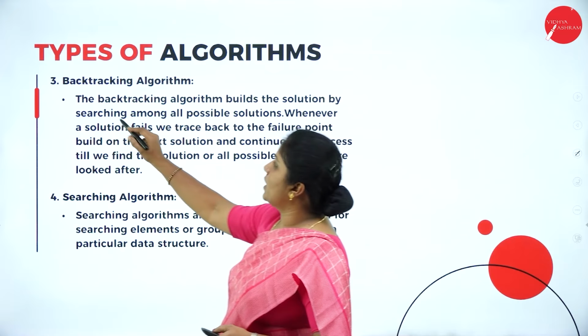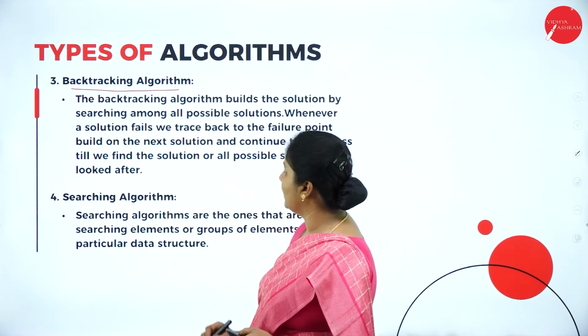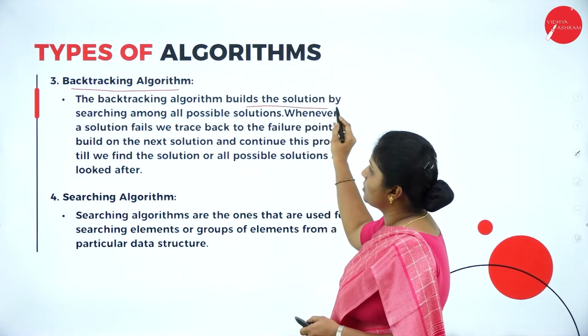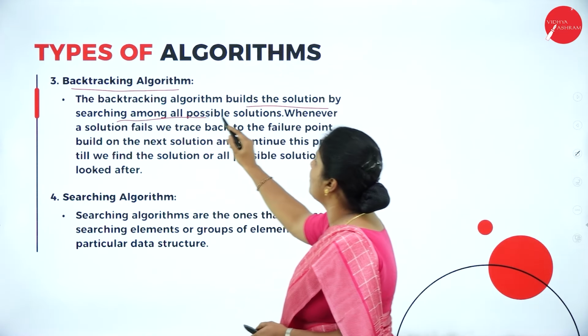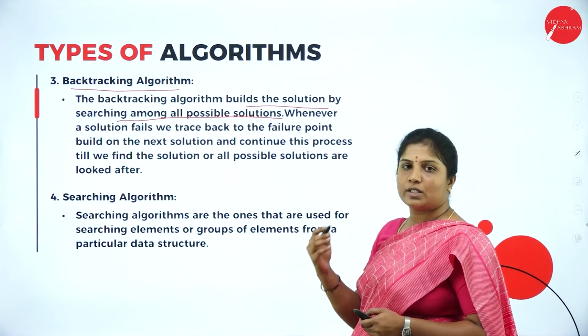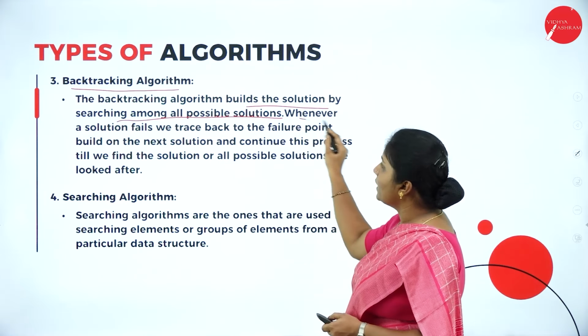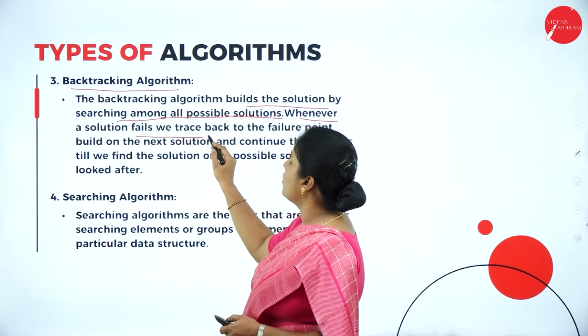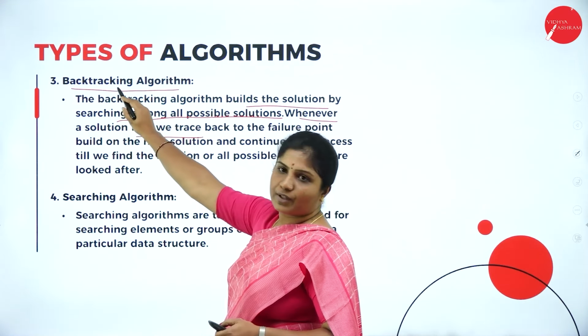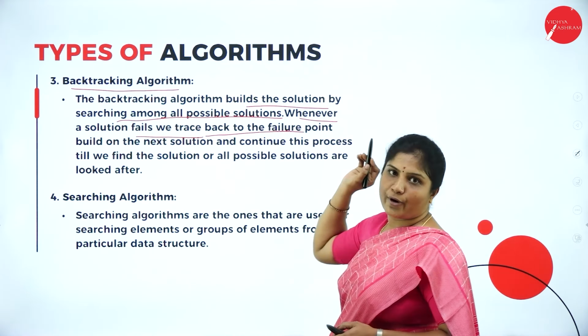The next algorithm we are discussing is backtracking. It builds the solution by searching among all possible solutions. Whichever solutions are available, it searches. Whenever a solution fails, what does it do? As the name itself tells, backtracking, it traces back to the failure point.